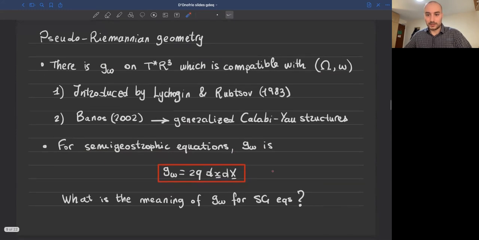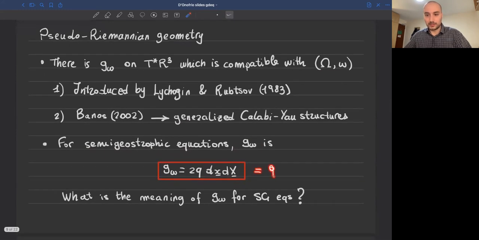What is this? This is just this thing, right? If we want to represent it in a matrix form, this is an identity 3 by 3 and so on.